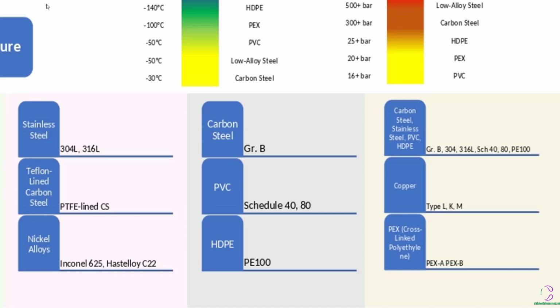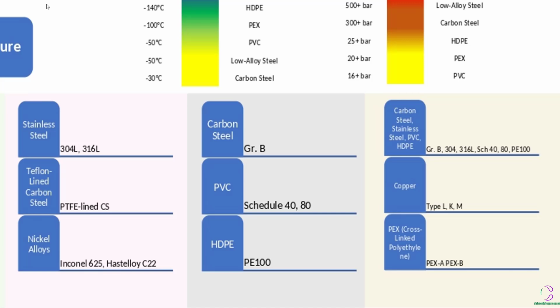You can see here stainless steel, Teflon lined carbon steel, which is for cost efficiency, then nickel alloys. Then for the water treatment industry, you have carbon steel, PVC, HDPE. Lastly, for your HVAC piping system, carbon steel is used, stainless steel, HDPE, PVC, copper as well as PEX are used for these industries.